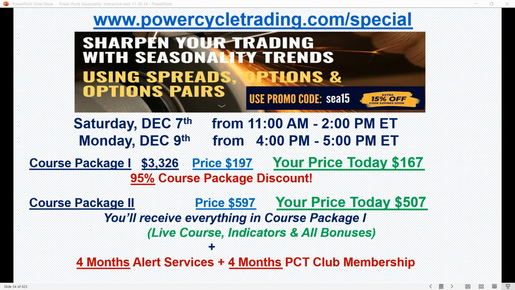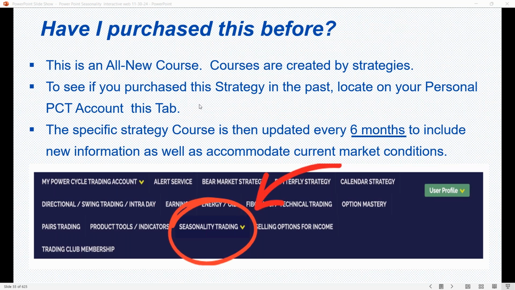And that basically means you're getting the alerts for about $100 a month, which gives you the alerts plus the trading club. You're actually getting it for less than 400. So you're looking at around $100 a month, about $3 a day, and you're getting the alert service and the trading club. So it's a really good deal, and fairly priced.